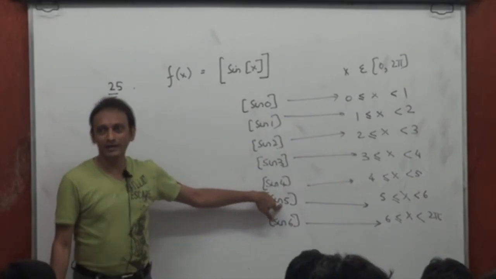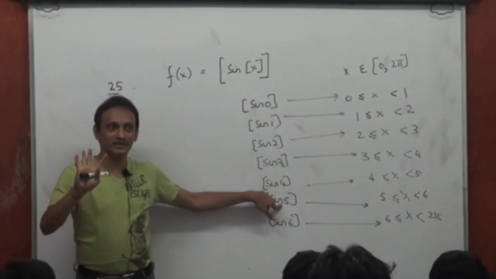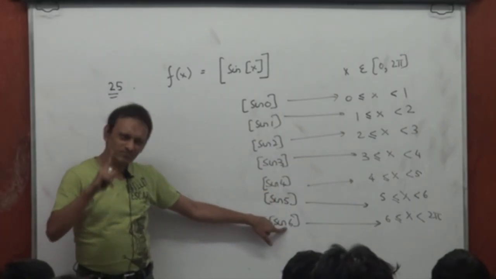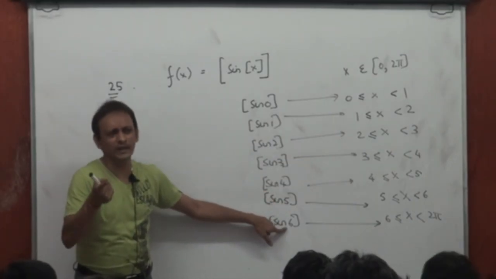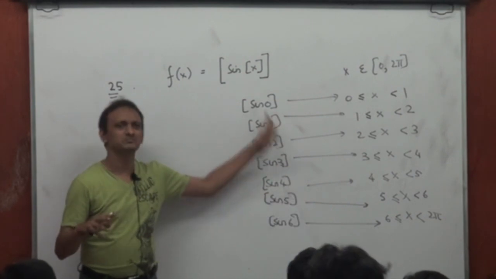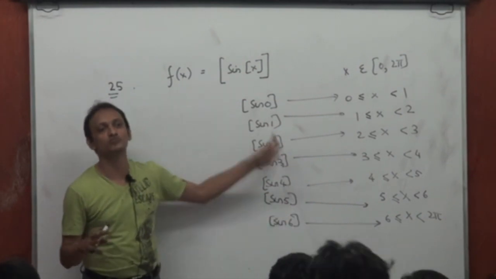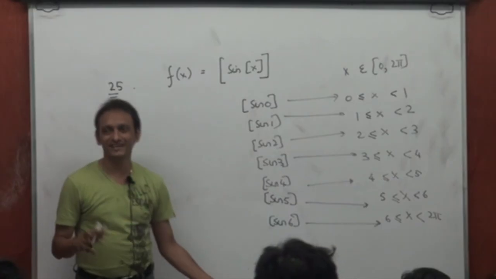Now, hey, are you lost? You there with me, right? Sine 6, fourth quadrant, lying between minus 1 and 0, box will be minus 1. That's a description of this question. Nothing but zeros, ones and minus 1s. Right? That's what you have.